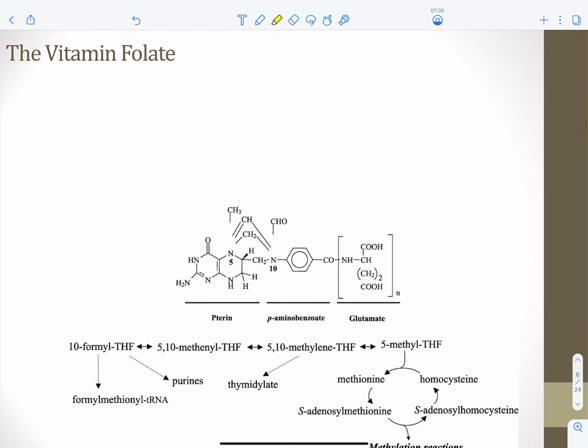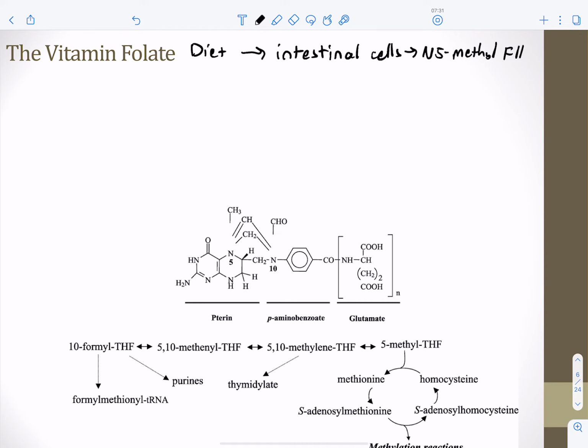Now, the vitamin folate, again, we talked a little bit about how it's absorbed. So, vitamin folate in the diet is going to go into your intestinal cells. Within the intestinal cells it is converted principally to N5-methyl tetrahydrofolate. And this goes to the portal vein, and then this is, of course, going to be stored in the liver.